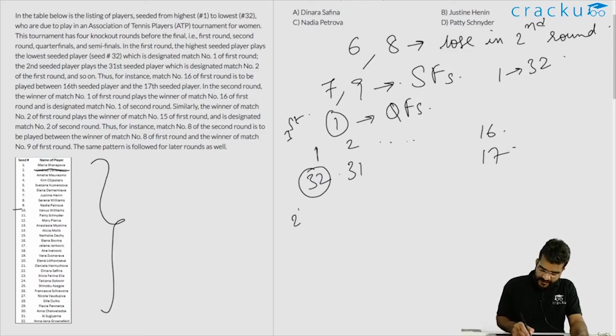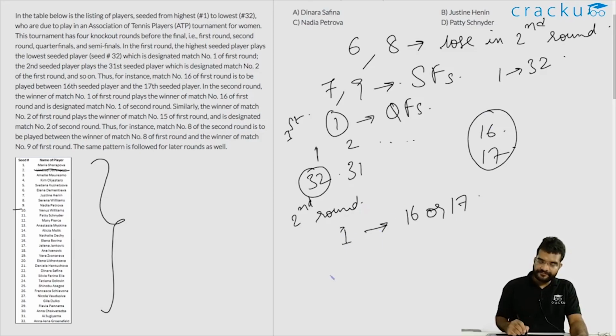In the second round, 1 would face the winner of 16 and 17. So seed number 1, that is Maria Sharapova, would face either 16 or 17. And in the second round, the pairings will be, suppose let us assume that 16 wins just for ease, 1 versus 16, 2 versus 15, and 8 versus 9.